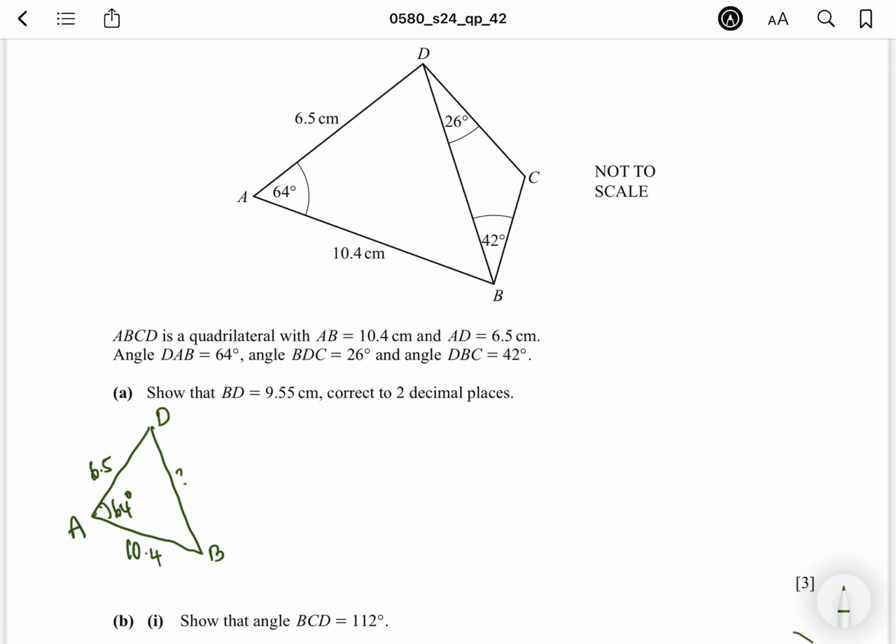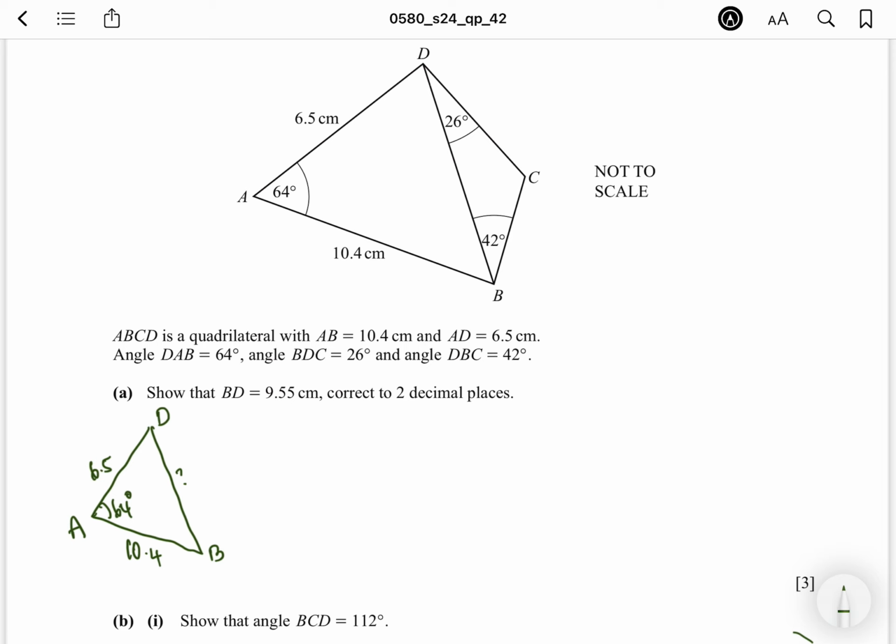Triangle problems are of 2 kinds: right angle or non-right angle triangle problem. Which one does this belong to? Right angle or non-right angle? There is a 90 degrees, right? So it's a non-right angle triangle.